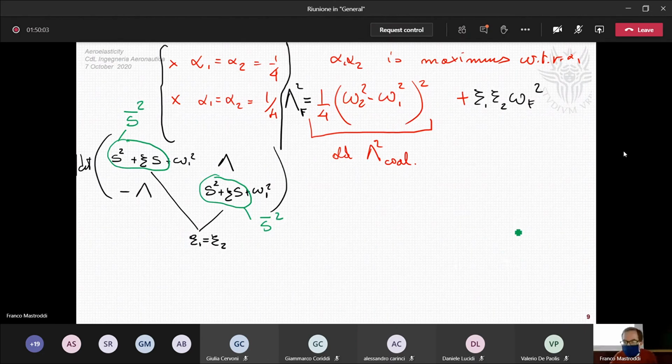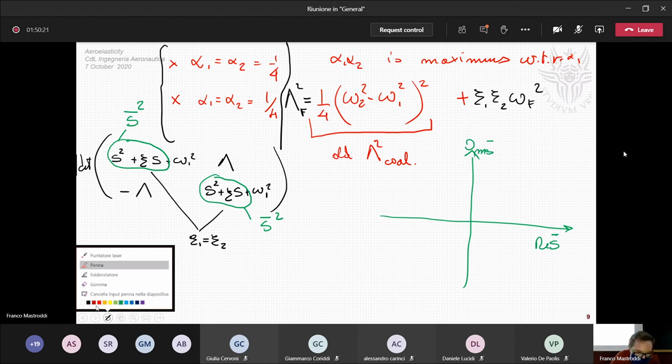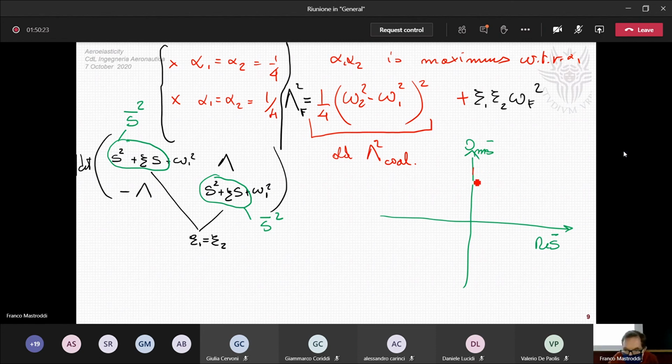And so you have an S bar space with the same root locus we found before. So this is the S bar real part, S bar imaginary part, and in this space we discussed already, we have the following root locus.